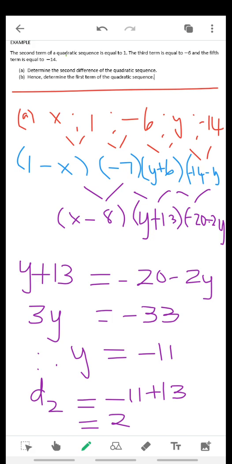We know that the second difference, meaning the second step after finding the first difference, will be constant because it is a quadratic sequence. Now, when I find my first difference, I said 1 minus x, then minus 6 minus 1, minus 7. Y minus 6, y plus 6. And then minus 14 minus y, I got minus 14 minus y.